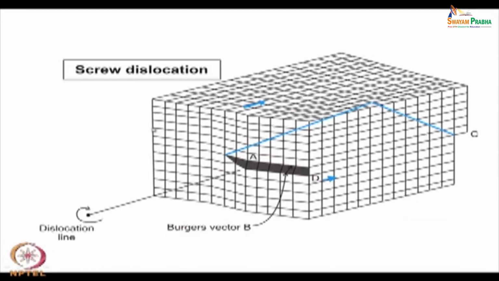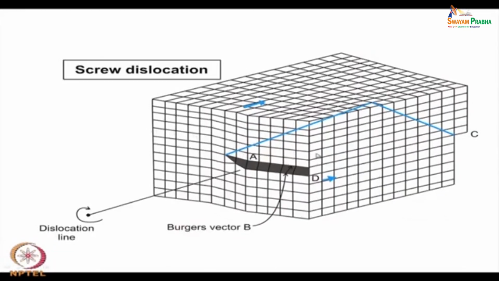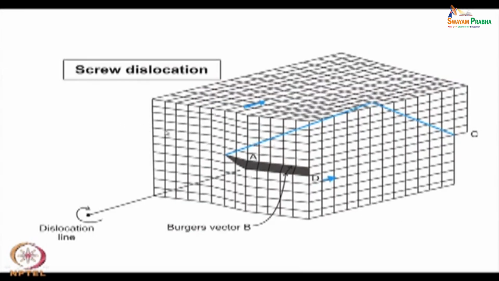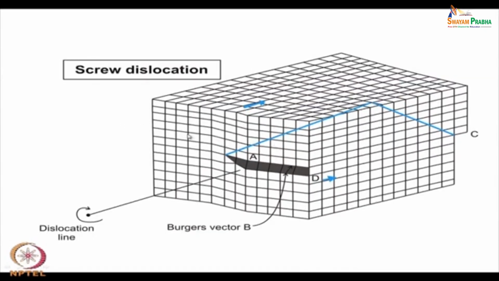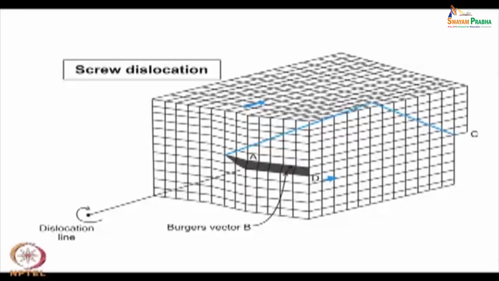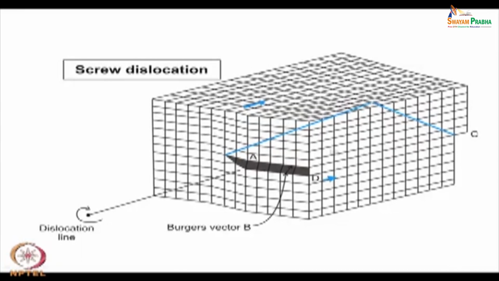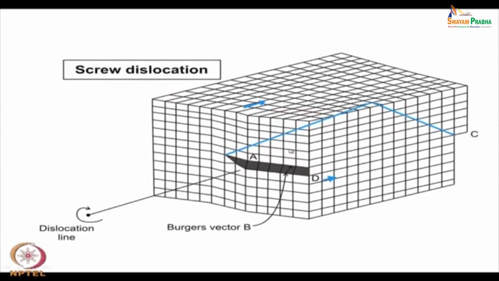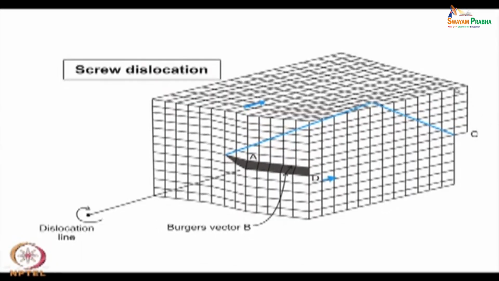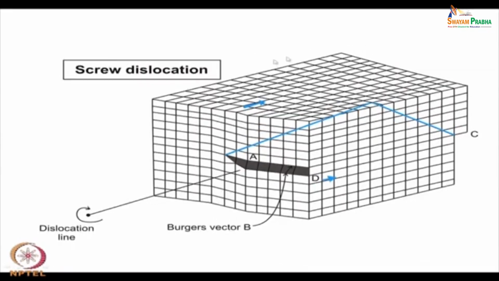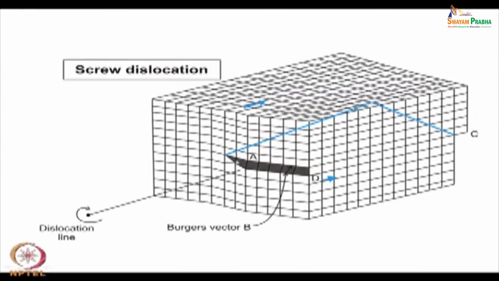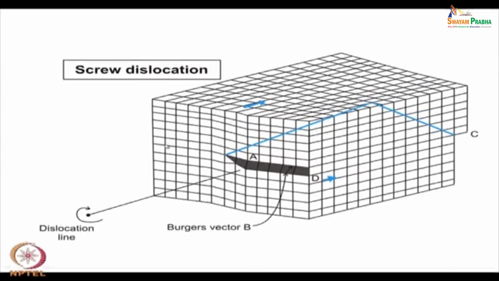In the earlier diagram, the whole of the top part was being pushed to the right, whereas here the stress has been applied in such a way that only the front portion is being pushed in this direction, not the total crystal. So, the back part here has no stress.